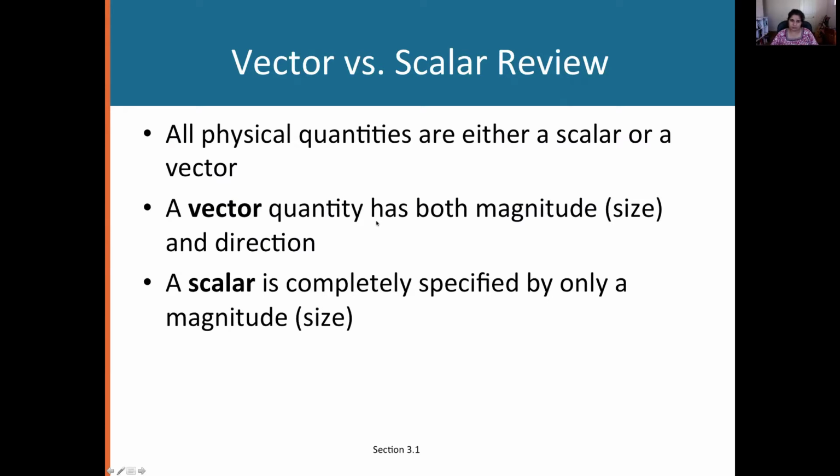A vector quantity, on the other hand, has both magnitude, which means a number or the size of the object, and a direction. So a scalar is completely specified by just one number, and the vector is specified by a number and a direction, okay? So in one-dimensional motion, we saw that the vector could be positive or negative, and that was sufficient to tell us the direction, because you're either going to the right of the origin or you're going to the left of the origin.